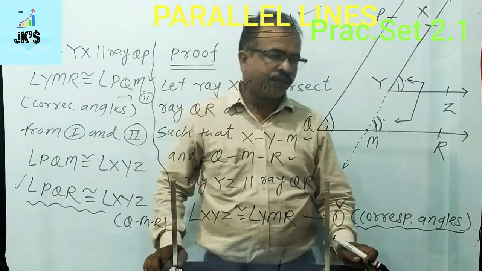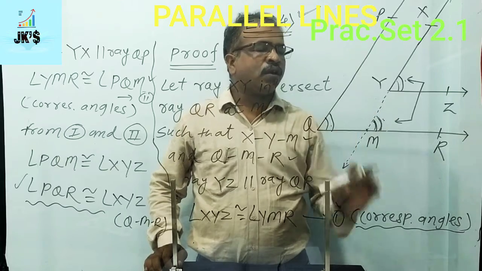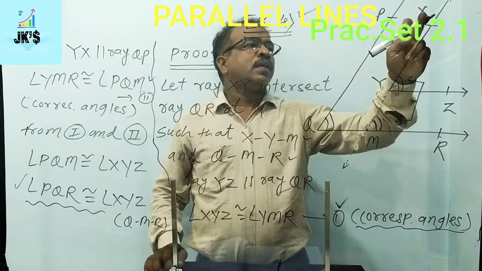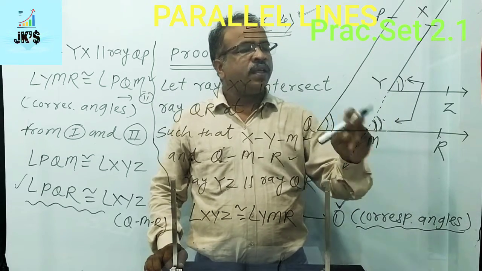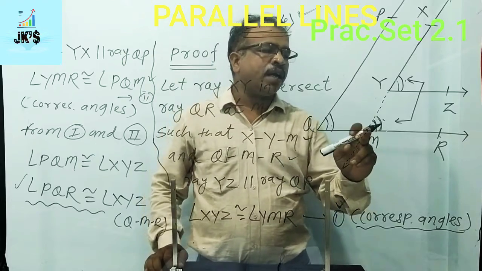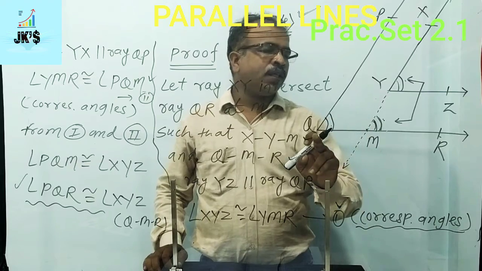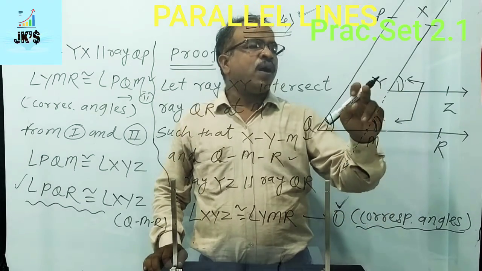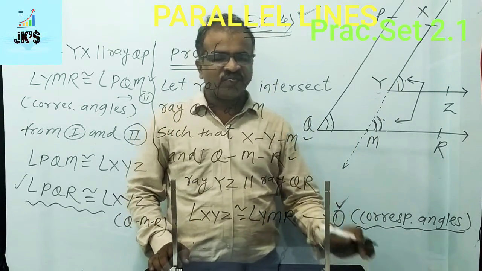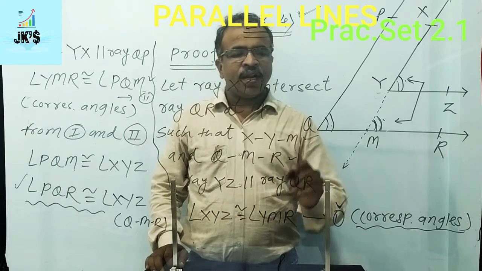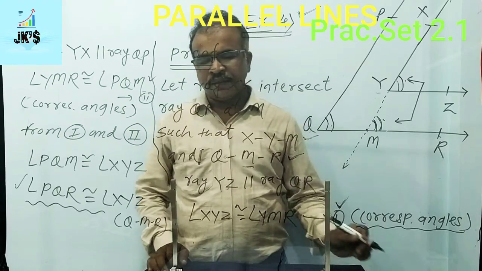For this we have to do a very small construction: when we extend ray XY, it intersects the ray QR at point M such that M lies between Q and R and Y lies between X and M.